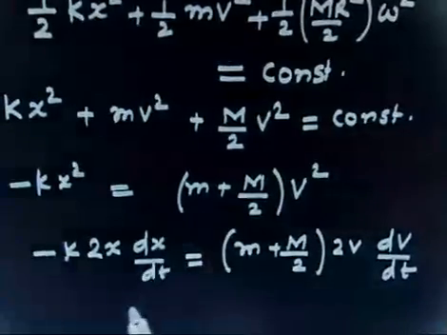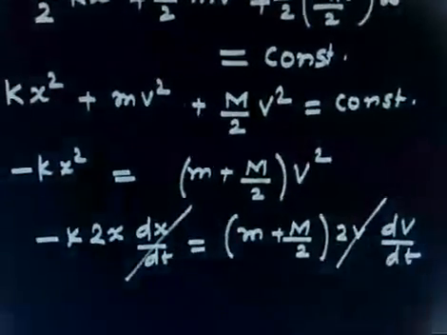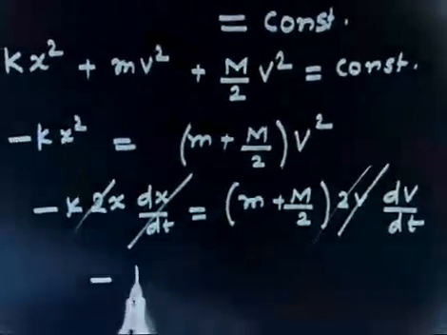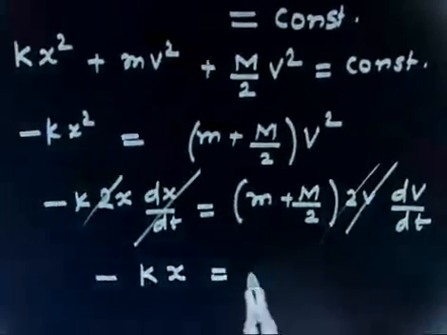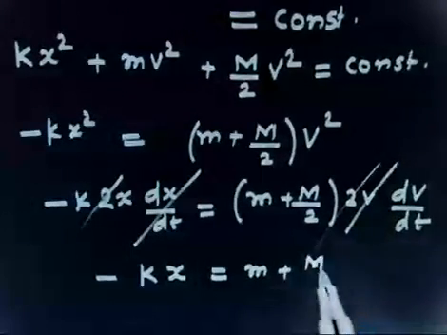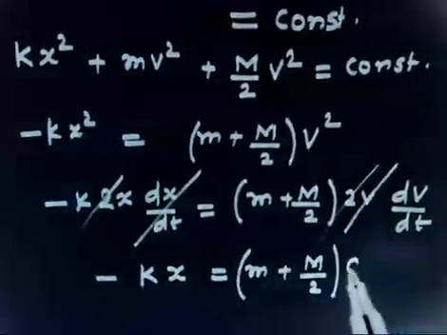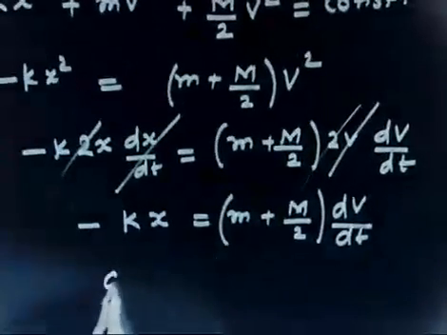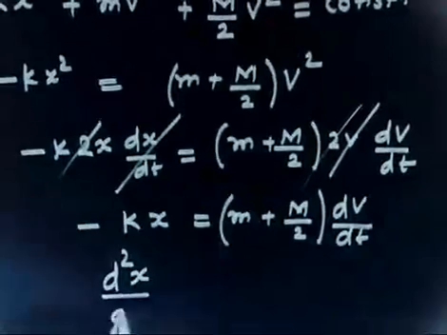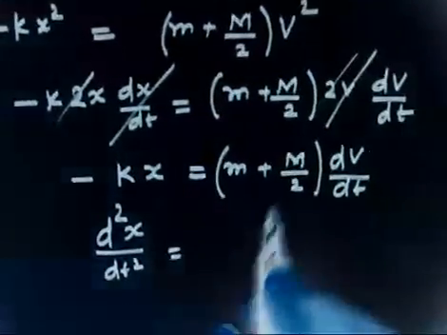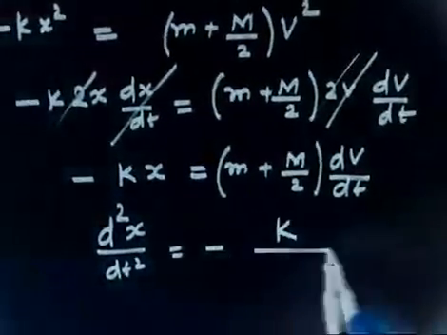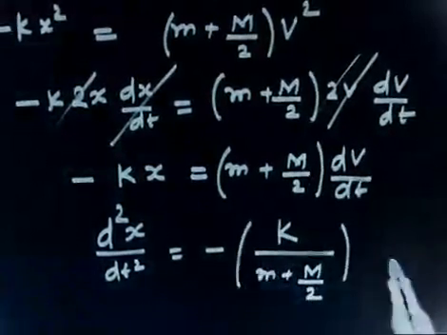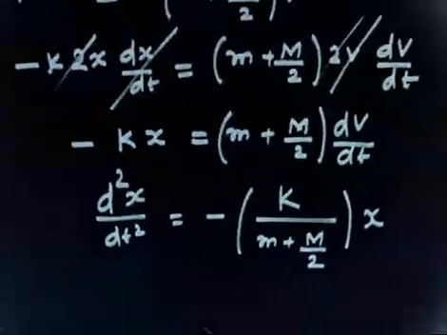So you see dx by dt is nothing but v, so v goes out. 2 also goes, so I will have minus kx is equal to m plus m by 2 times dv by dt. So dv by dt can also be written as d2x by dt square, equal to minus k divided by m plus m by 2 into x. So again you have the same thing.